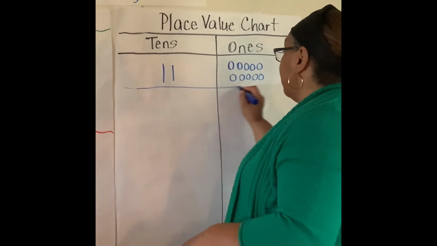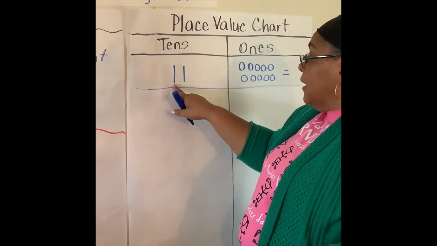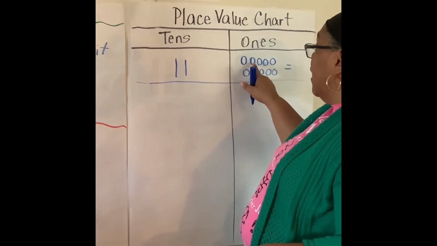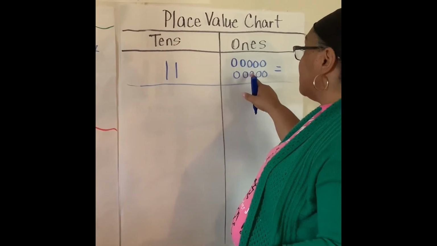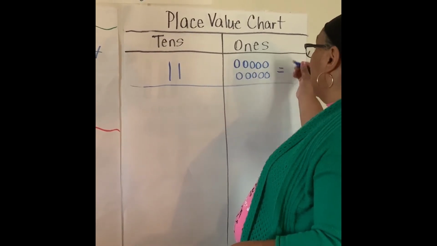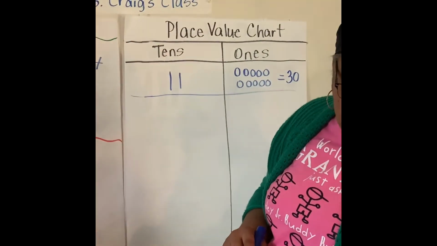Boys and girls, is that 30? Sure. So let's count, boys and girls. 10, 20, 21, 22, 23, 24, 25, 26, 27, 28, 29, 30. So that's another way we can make 30, boys and girls.